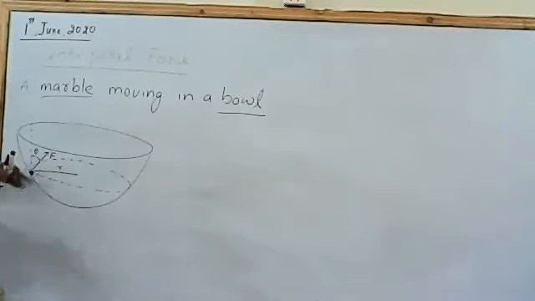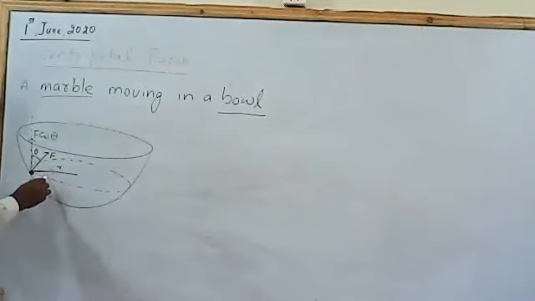This F clearly has two components again. One component is along this, which is F cos theta, and one component is along the center, and that is F sine theta.